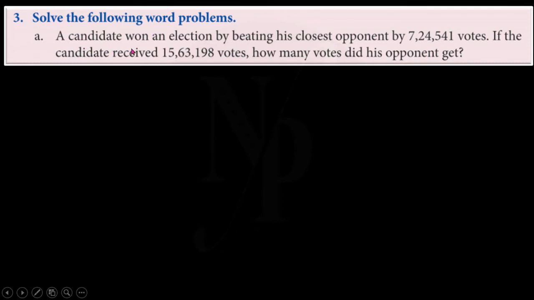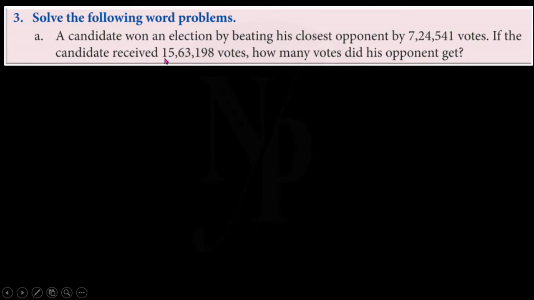Here the winning candidate, who has got more votes, has received 7,24,541 votes more than his closest opponent, and the total number of votes received by the winning candidate is also given here.